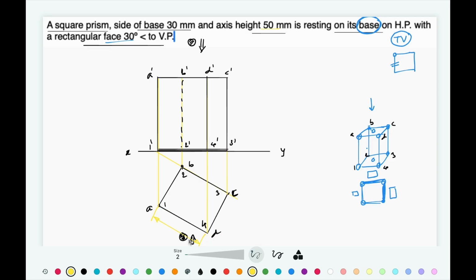Base side is given, so provide that dimension 30, and axis height is given, so provide that dimension also, and that is going to be 50. So this is the solution for the given question.